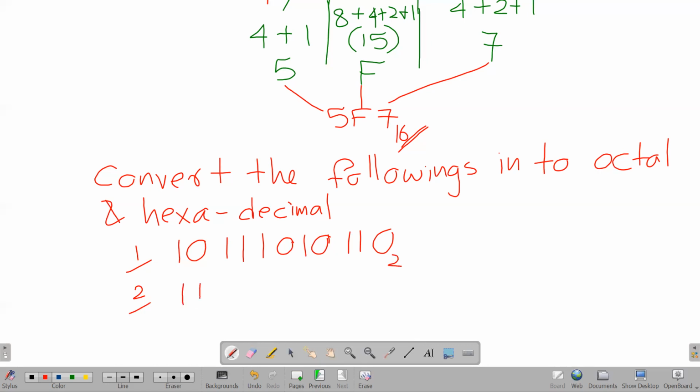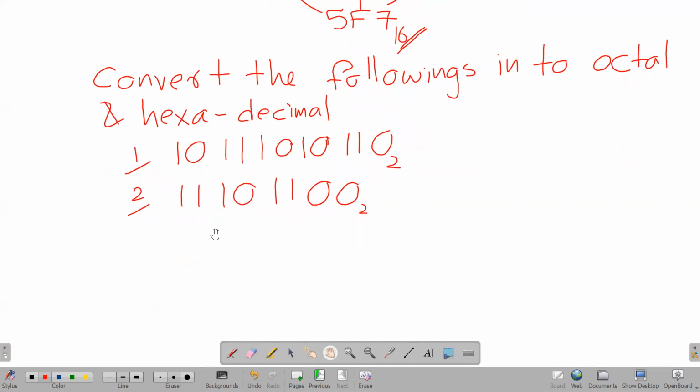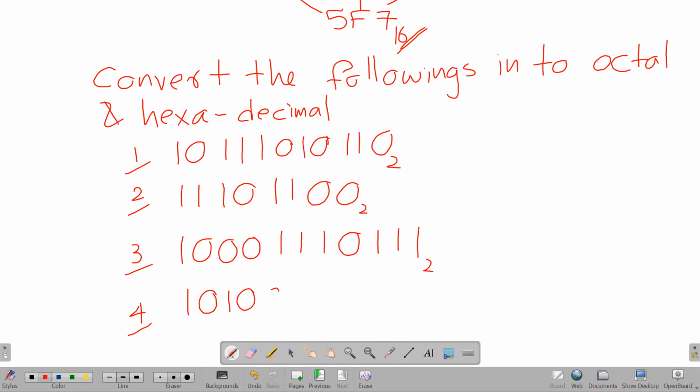Second one. Third one. And the fourth one. Yeah, so that will be all.